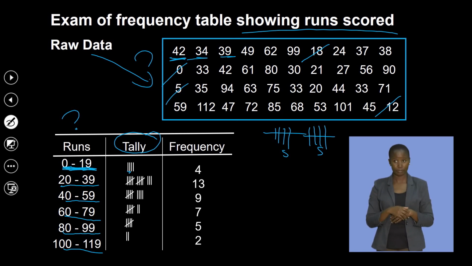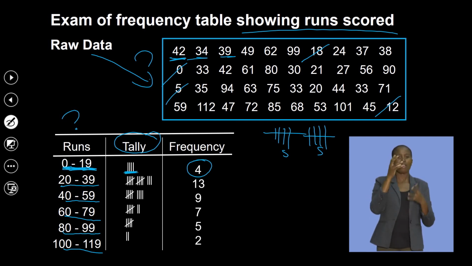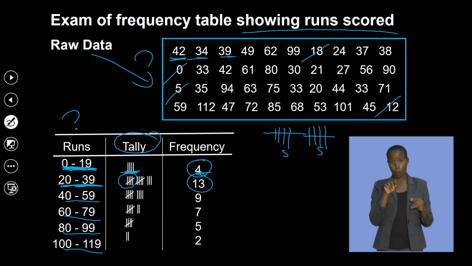Then the frequency will be the total tally. I just have to check. This is 4 in there, 4. So the runs between 0 and 19, there are 4. Runs between 20 and 39, there are 13, because remember this is 5, and this is 5, and this is 3.